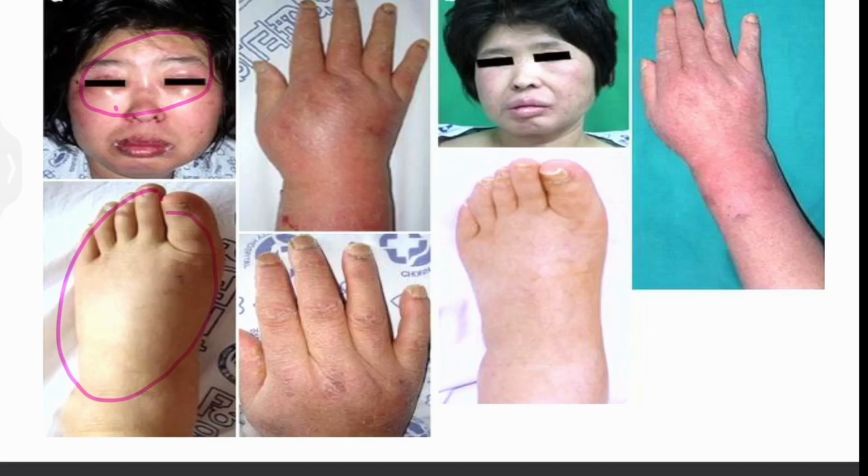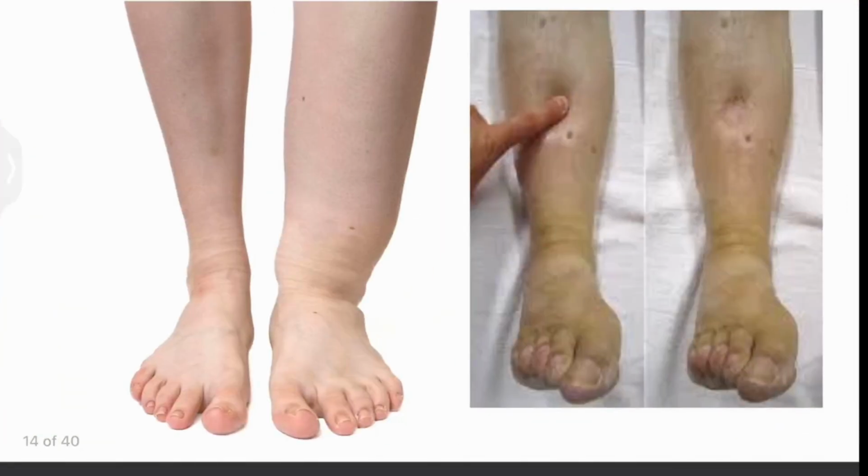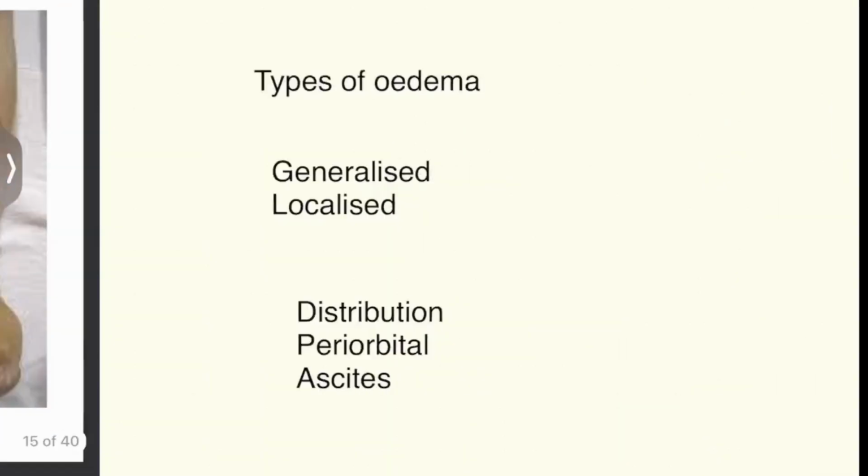The most important is the dependent edema that occurs in heart failure. We can get unilateral edema when there is, for example, deep vein thrombosis, or somebody has varicose veins.